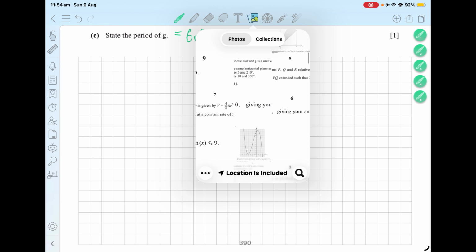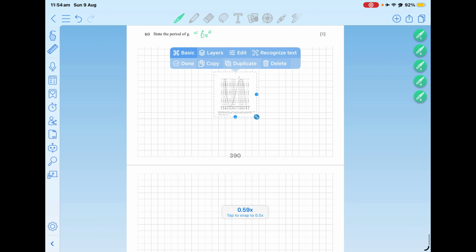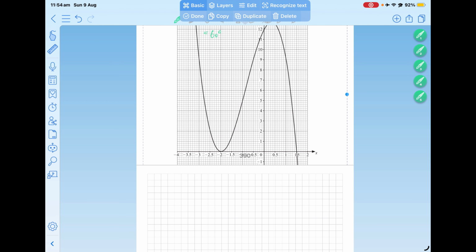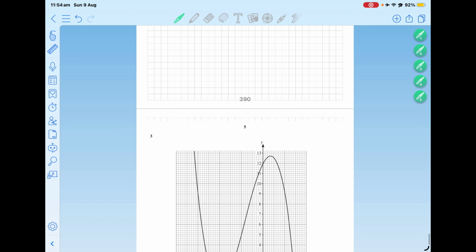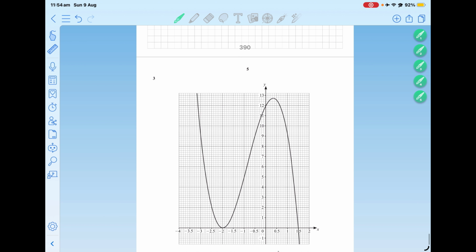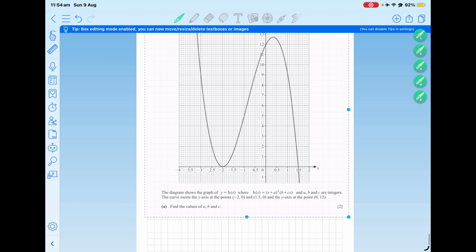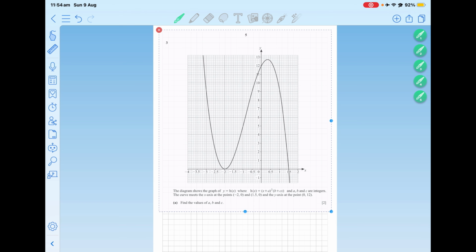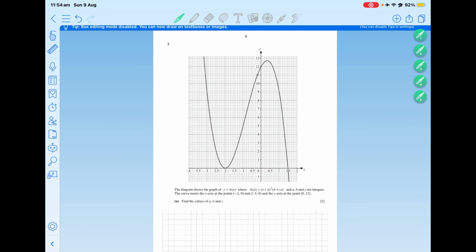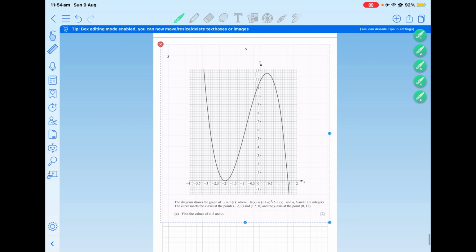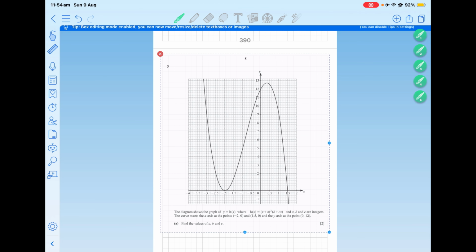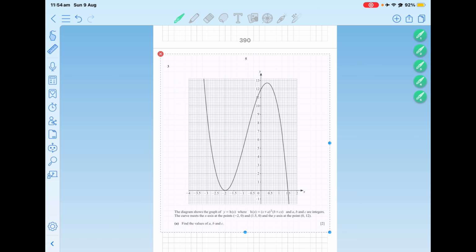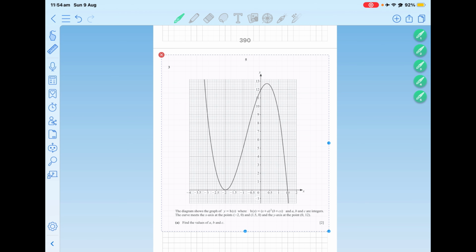Okay, then we have this enormous looking graph and question. Can I shrink the size of this a little? It should take up less space, so yeah, I think that's the best.